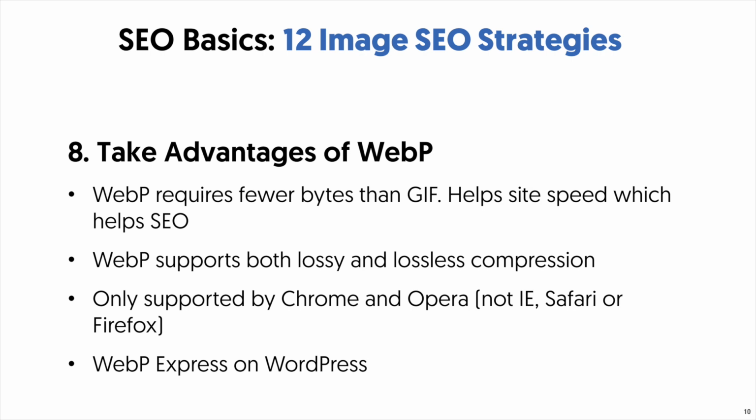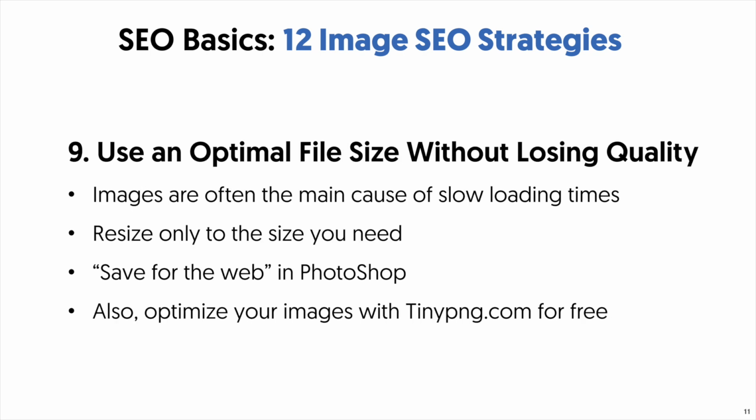What WebP Express does in a nutshell is it makes a choice. If someone's on IE or Safari or Firefox, it serves up the original image type, JPEG or PNG. If they're on Chrome, it makes the WebP file format available. So this is a huge way for you to get a competitive advantage over your competitors.